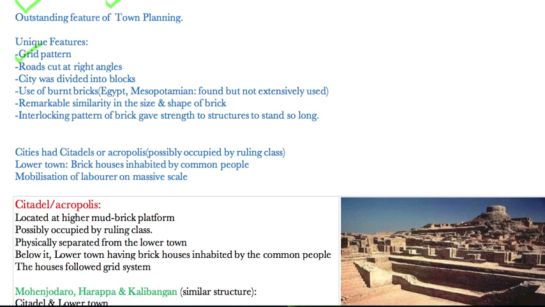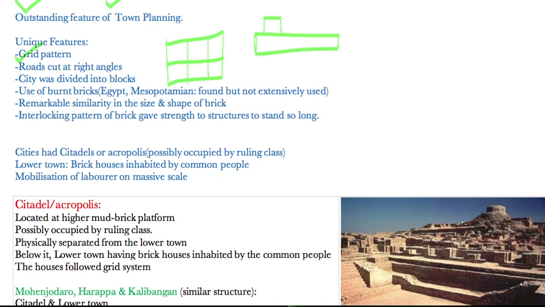Before a town was inhabited, it was planned, and generally the pattern was grid like. A platform was created, and after the creation of that platform the whole city structure was created over it. So this is one of the unique features.